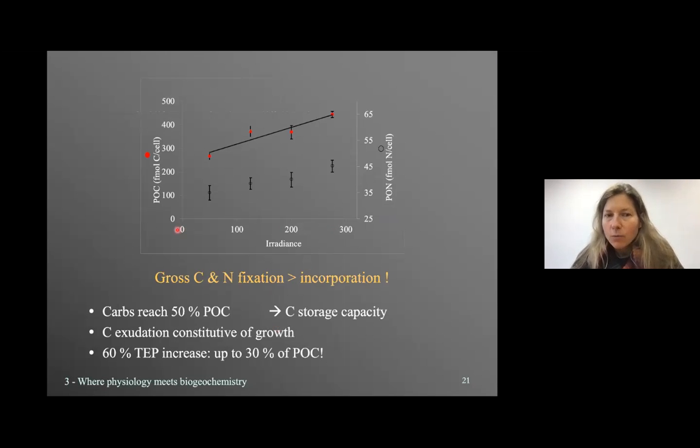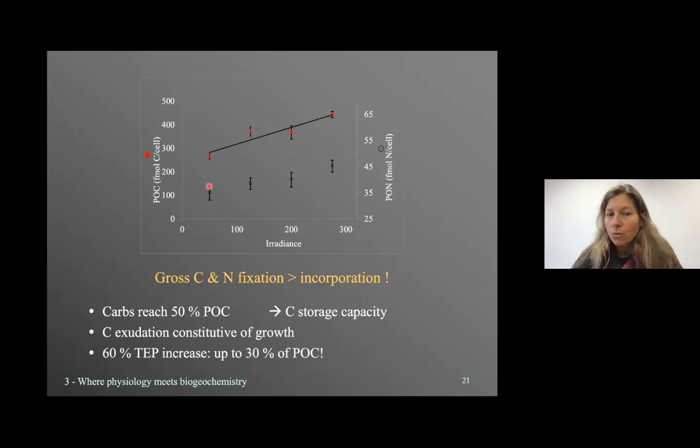In the meantime, we quantified carbon and nitrogen content in those cells. So here are the subsaturating irradiances. What you can see is that the nitrogen content as well as the carbon content keep increasing with irradiance. So the more light they get, the bigger cells tend to be, and the higher the carbon and nitrogen content.